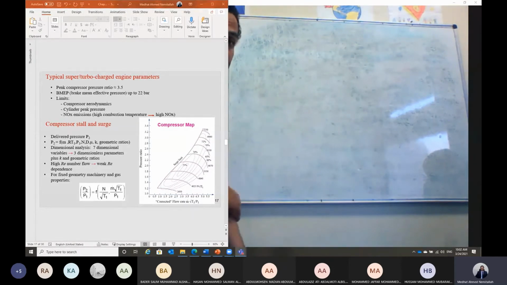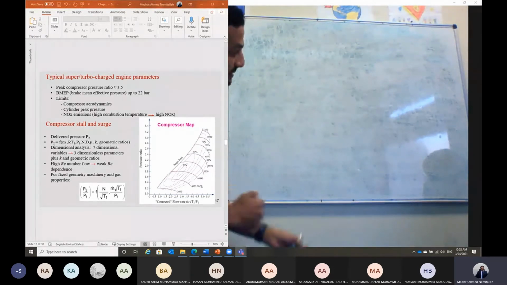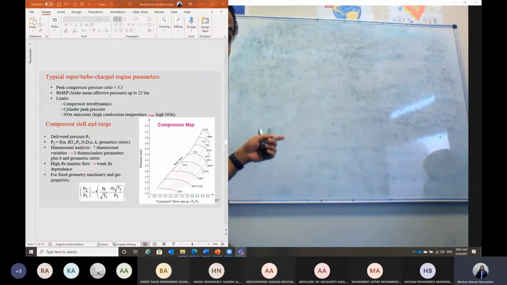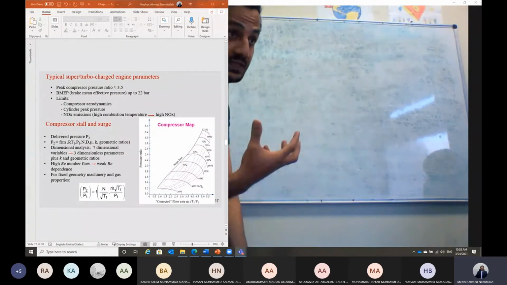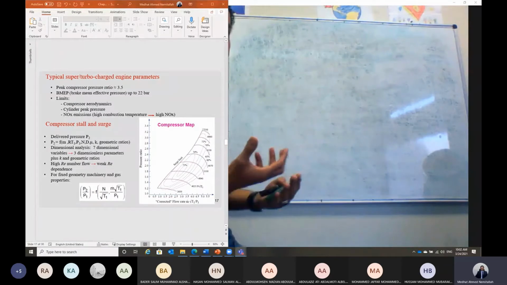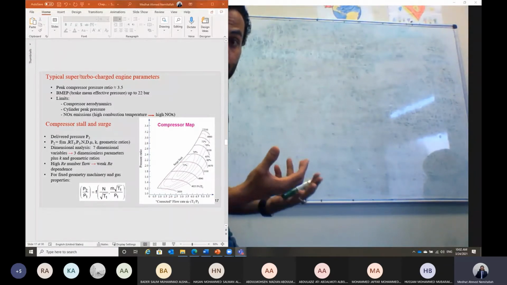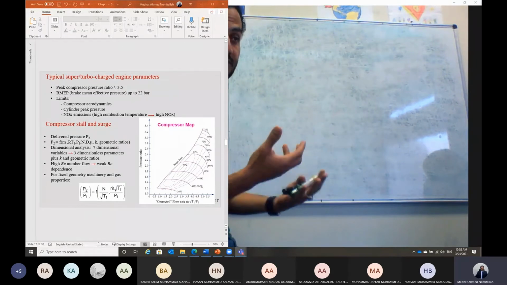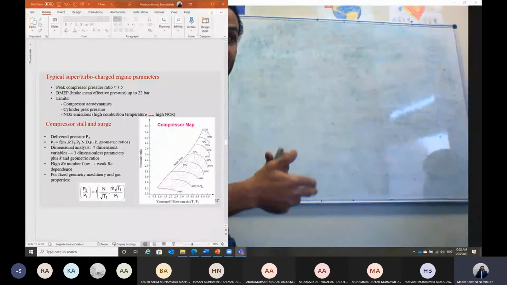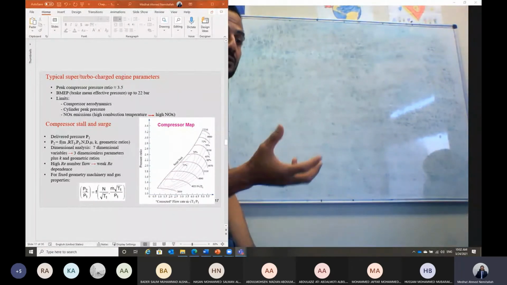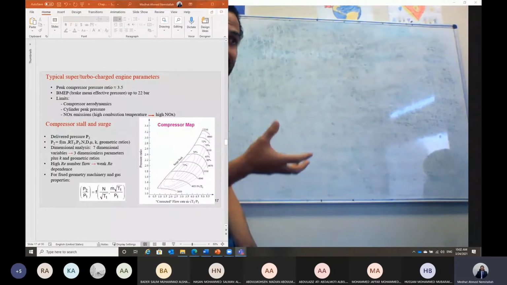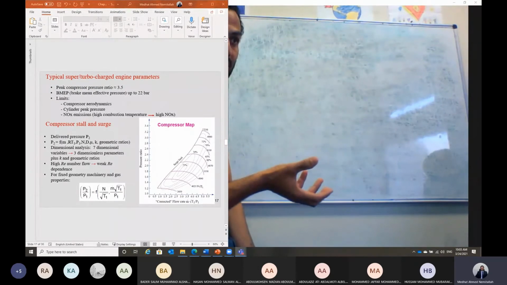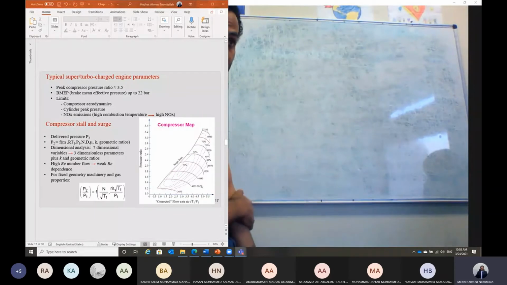But we have a problem with the turbocharger: at part load condition or at lower RPM, the mass flow rate of the exhaust gases is not enough to generate enough pressure ratio across the turbine. It is not enough to generate the power required to drive the compressor and generate the required pressure ratio, in order to drive a significant boost of the air mass flow rate and then a significant boost in power.